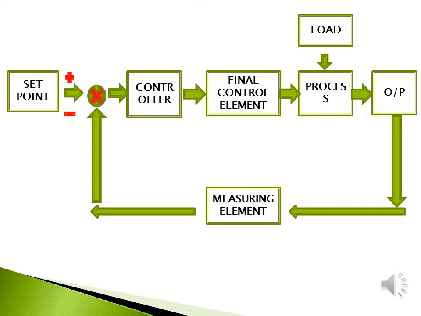At that time, the output value is measured by using a measuring element. Mostly we use a sensor as the measuring element. Suppose we want to control the temperature of a particular quantity of liquid. In that case, we use a thermocouple as the measuring element.